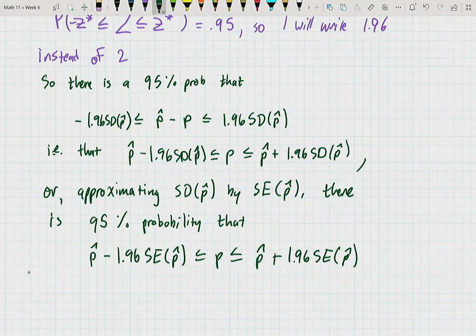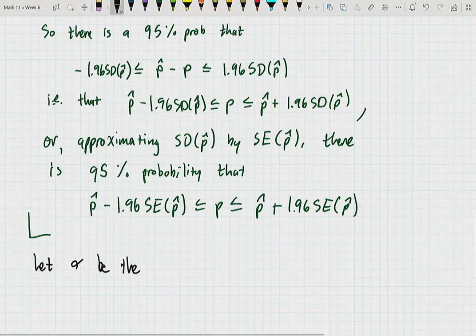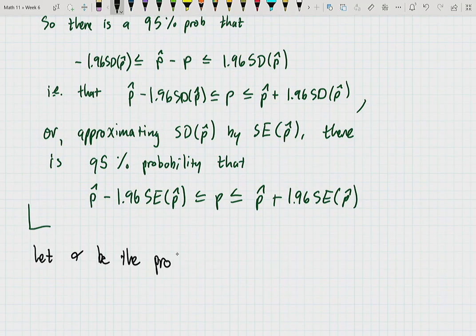I'm now going to rewrite everything I just wrote down, but a bit more generally. I'm basically going to make the same argument for you twice in a row. So more generally now, let alpha be the probability that we are willing to tolerate being wrong.